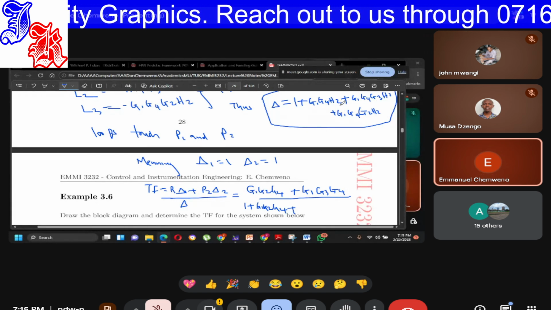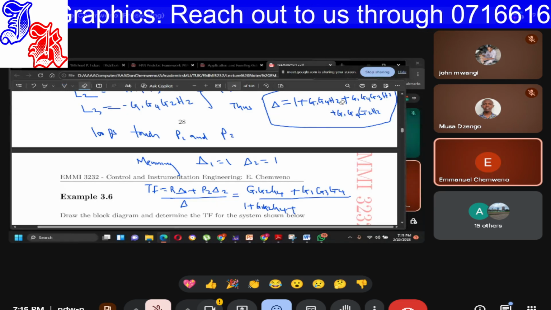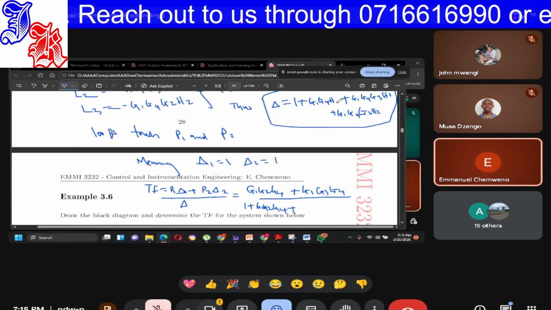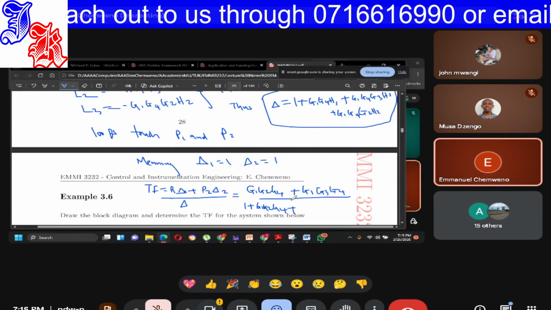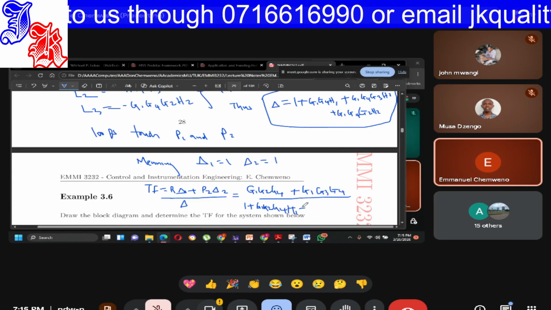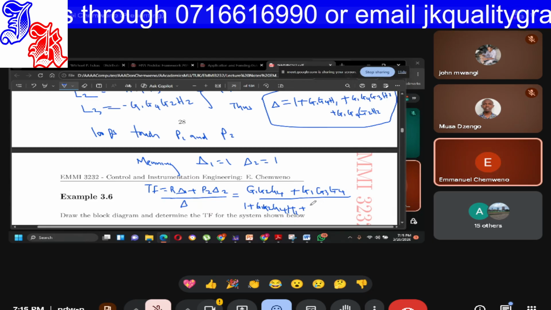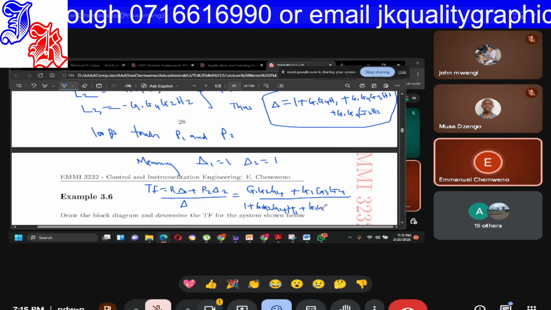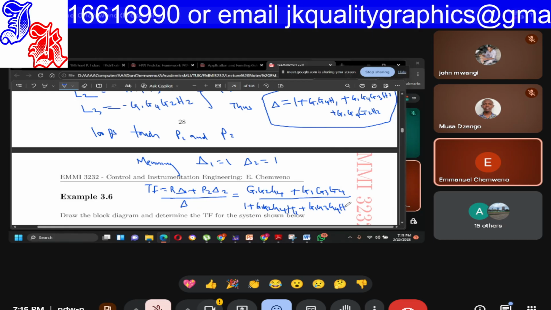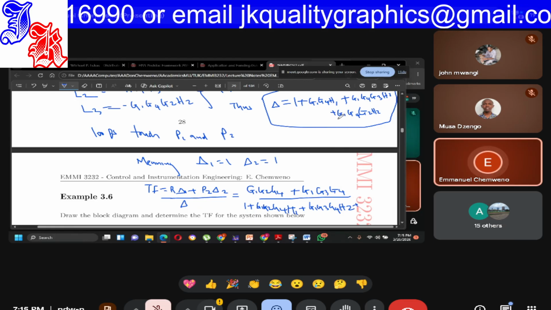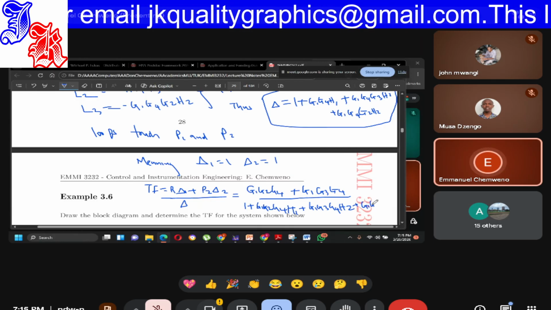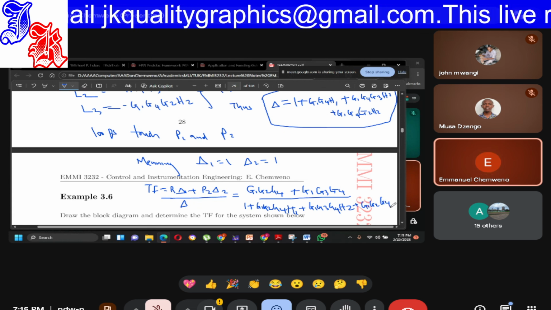There's an H1 here. H1 plus G1, G4, G3. So G1, G3, G4, H2 plus G1, G2, G4, H2.